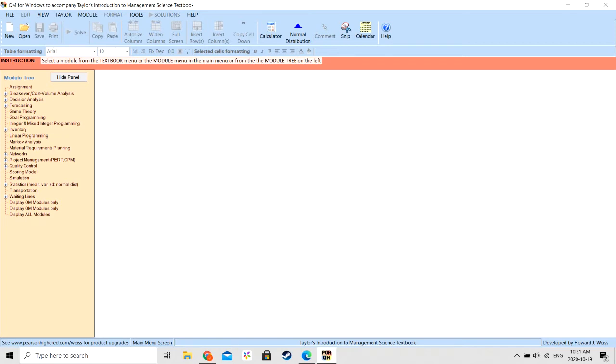Just to quickly review, in section 1, we looked at a two decision variable, two constraint problem. In section 2, it was a 2 decision variable, 5 constraint problem.